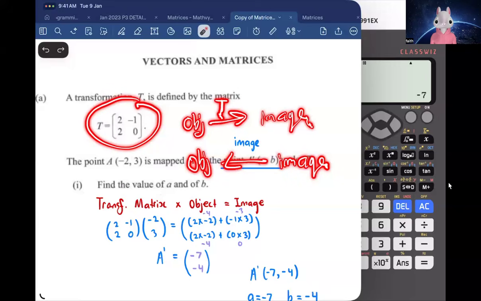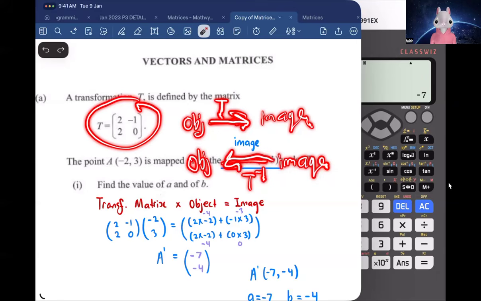If you want to reach back to the object, it's in the opposite direction. The object to the image is in this direction, from left to right. But the image to the object would be from right to left, different directions. So you would need to find T inverse, which is the inverse transformation matrix. That will take you in the opposite direction to take it back to the object.